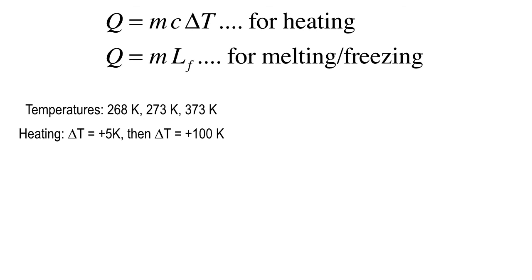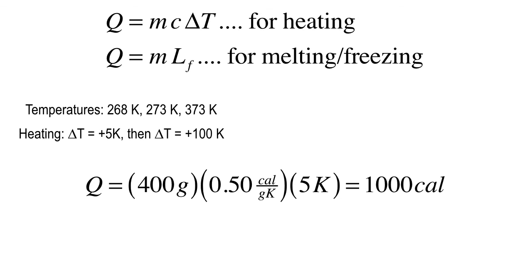Now, here's your first heat up equation. The mass, m c delta T, mass 400 grams. Now, this is ice, so in the middle parentheses you put the specific heat of ice, 0.50 calories per gram Kelvin. Then you put the delta T, 5 K, 5 kelvins. Now look at all the stuff that cancels.